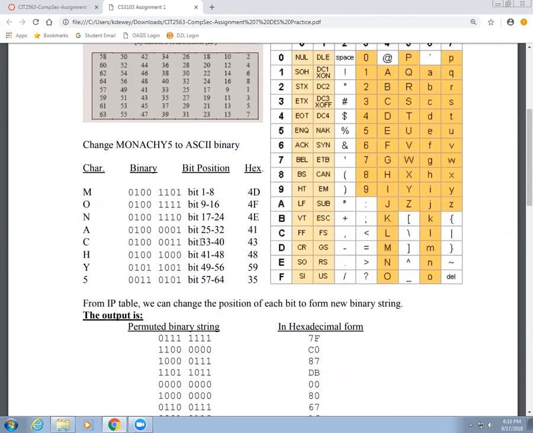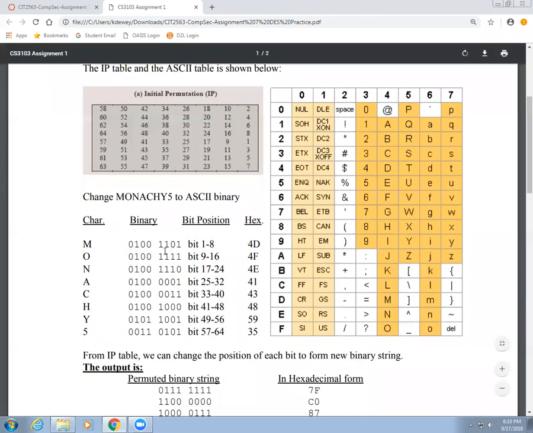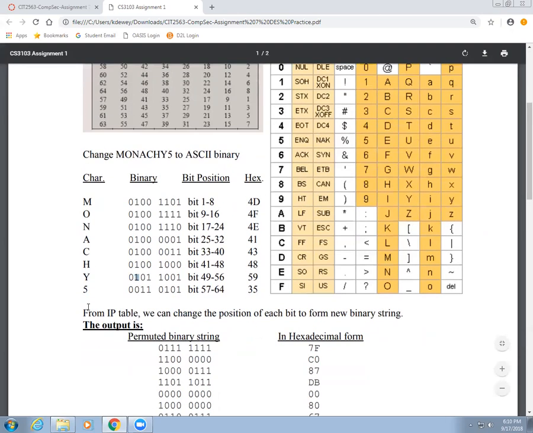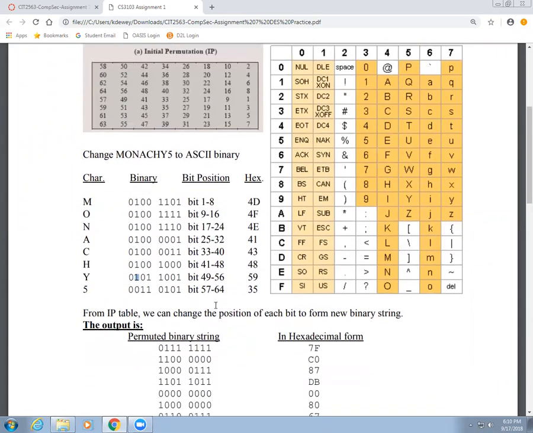Okay. Using this table, what happens to it? Let's look at this bit right here. Bit 50 goes to bit 2. Which one is bit 50? Is it this 1? Do you agree? So counting 49, 50, that goes into position 2.